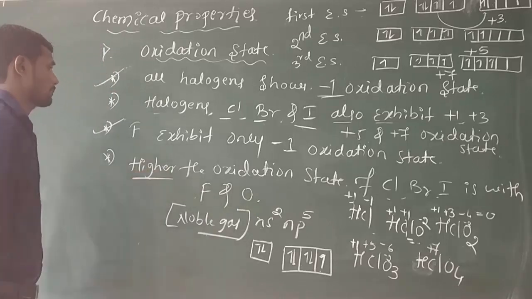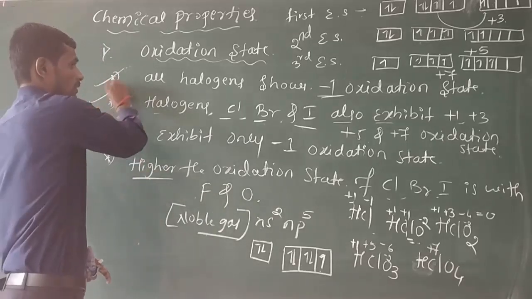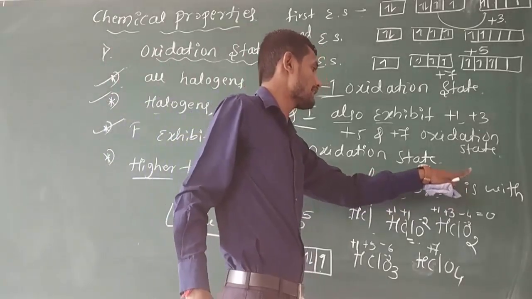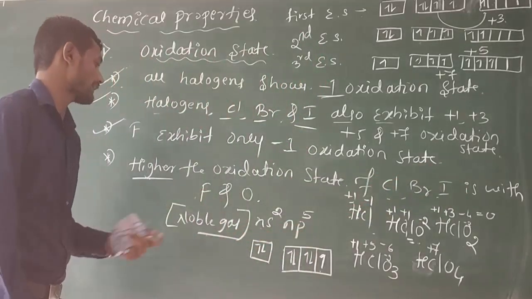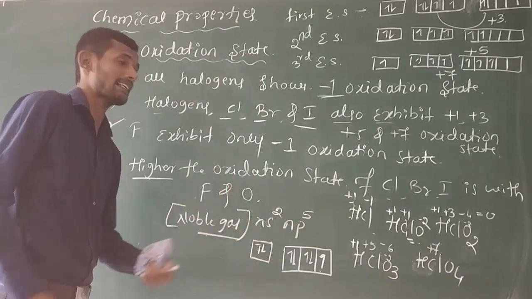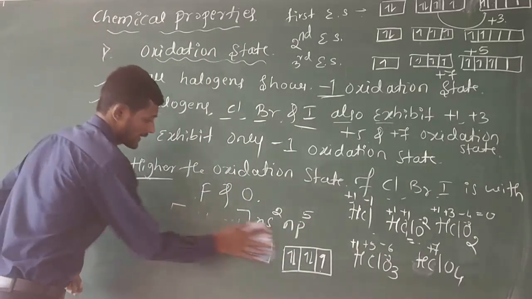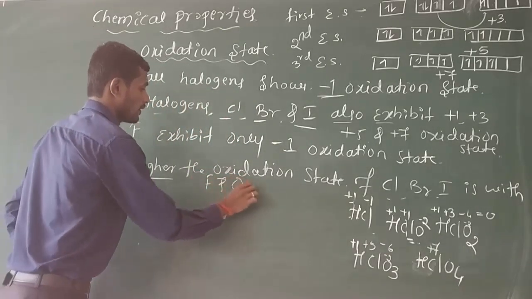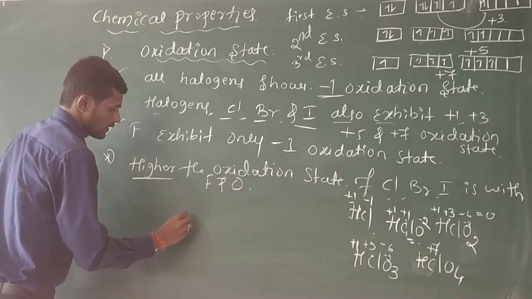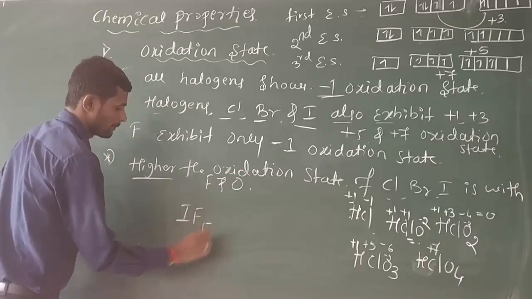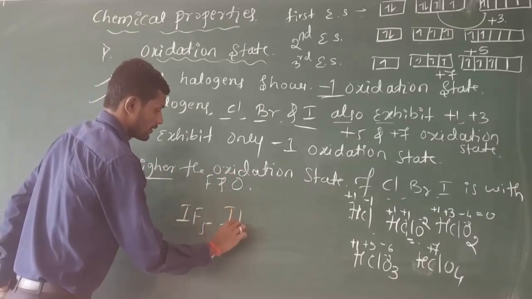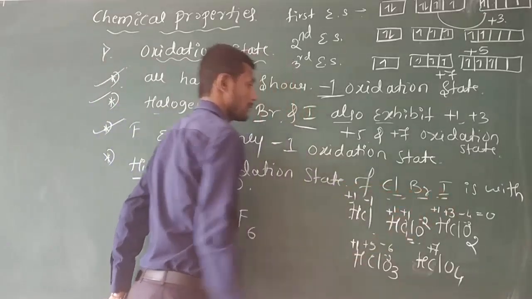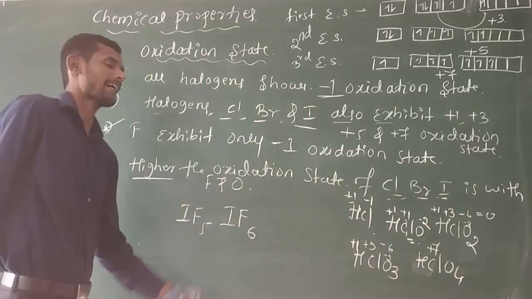See here, this point. The higher oxidation states of chlorine, bromine, iodine are with more electronegative atoms like fluorine and oxygen. Yes, see here. Take this example, IF5 and IF7. Here the oxidation state of iodine is with fluorine and oxygen is the point.